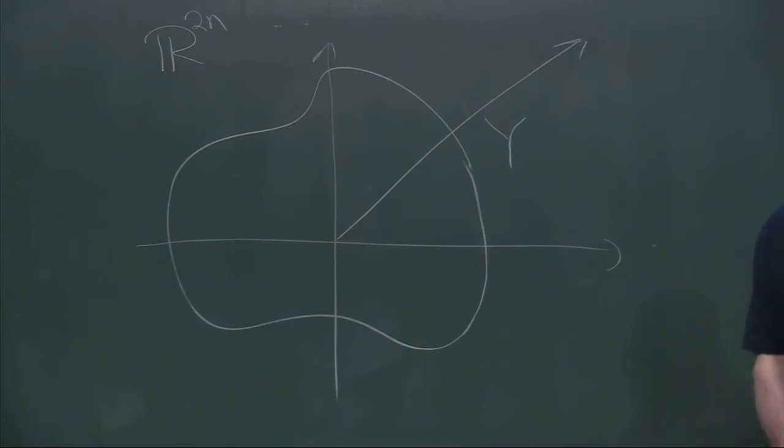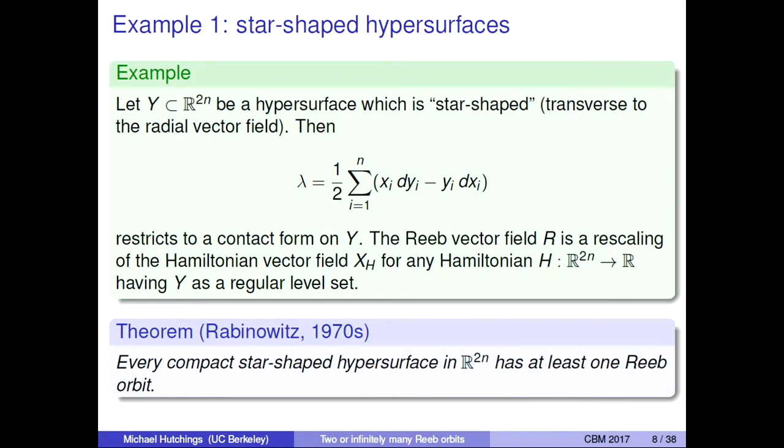And if Y is a star-shaped hypersurface, then you can do a little calculation to see that if you take this one form, lambda, so it's a half sum of x_i dy_i minus y_i dx_i. The motivation for writing down this one form is that it's a primitive of omega.